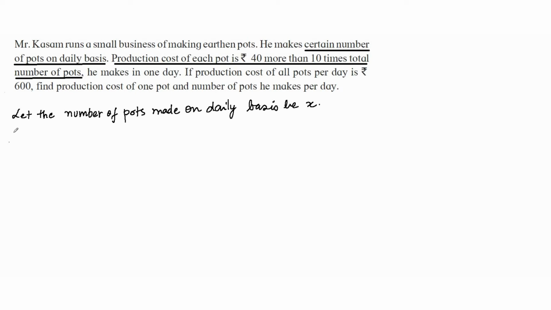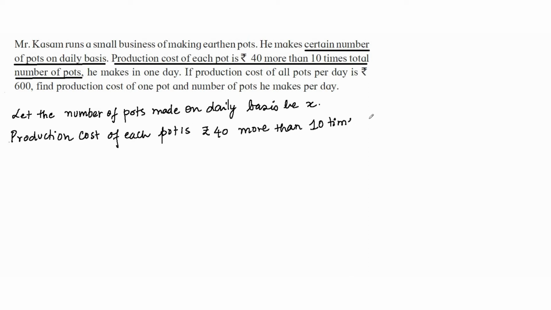So what it means is production cost, let us note that down. Production cost of each pot is rupees 40 more than 10 times the total pots he makes in one day.